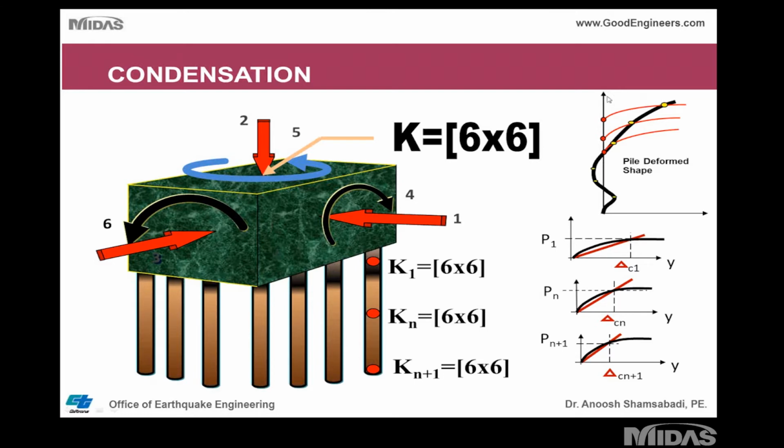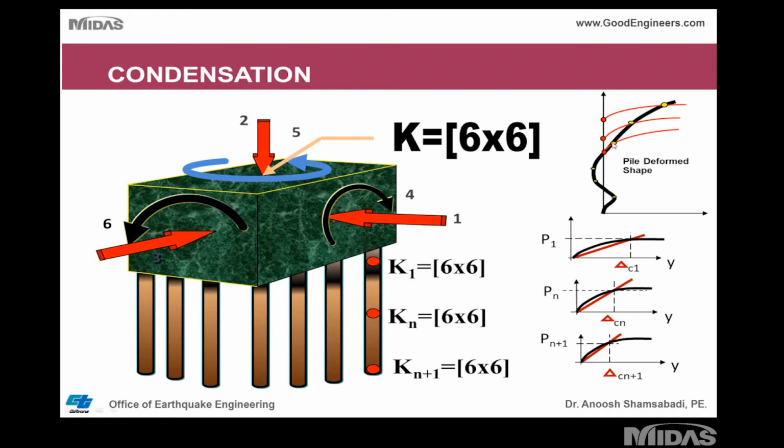And you basically model the foundation, you push the foundation, or the pile, to come up with a deformed shape, and as a function of the deformed shape, you put a 6x6 matrix at every node. Because remember, this is an element which has 6 degrees of freedom at each node.